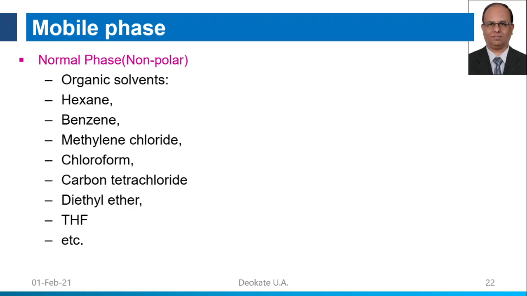Here you can see examples of some non-polar solvents. They are generally organic solvents used in HPLC. They include hexane, benzene, methylene chloride, chloroform, carbon tetrachloride, diethyl ether, tetrahydrofuran, etc.